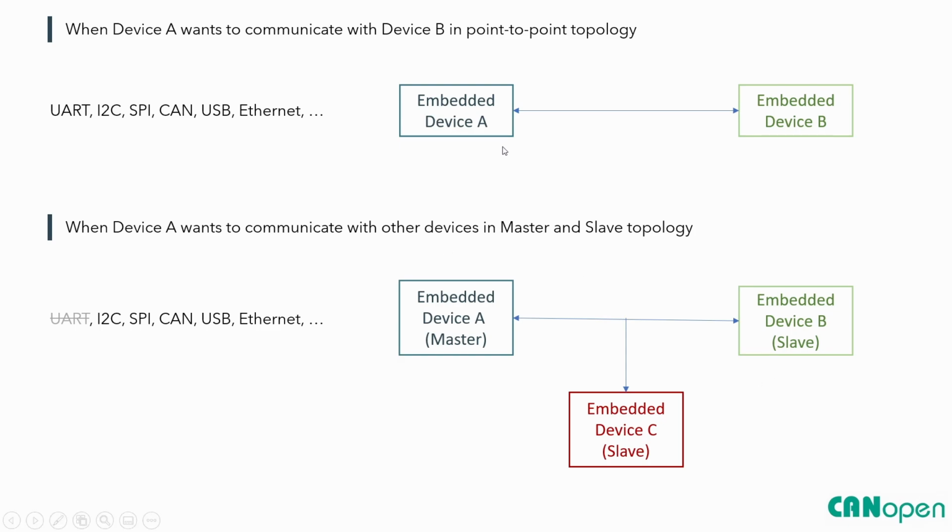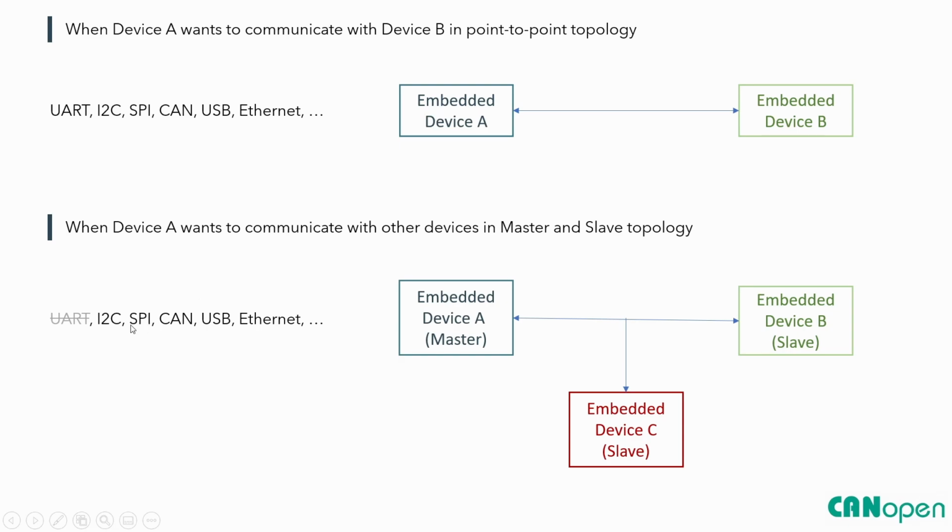But the issue is that as we have more devices in the network, let's say like here, then, for example, a simple UART is not working because it's not created for network topology. So basically, it can just do some P2P communications.